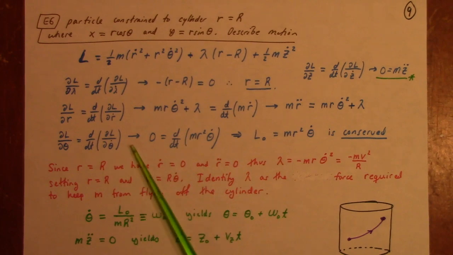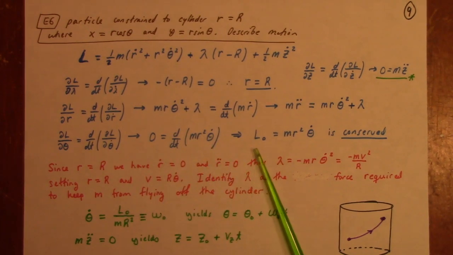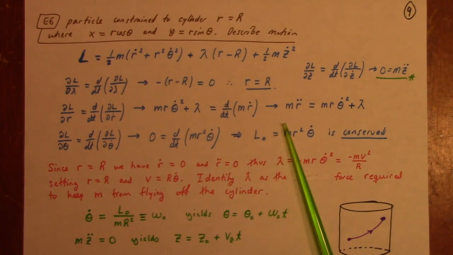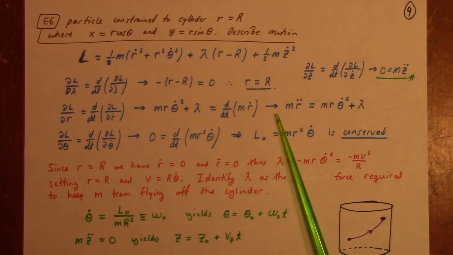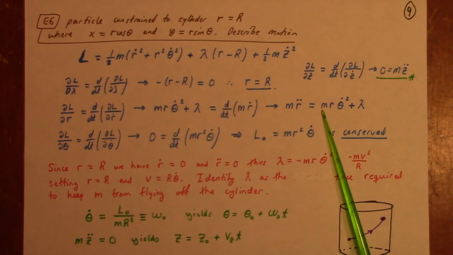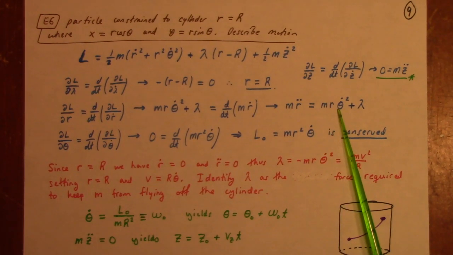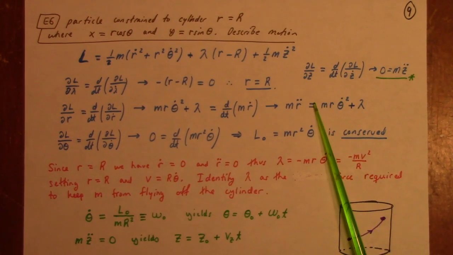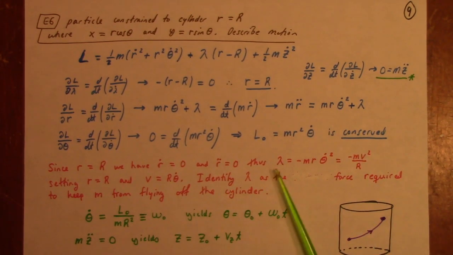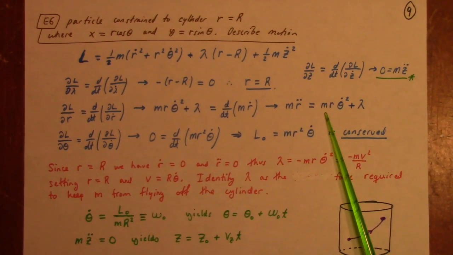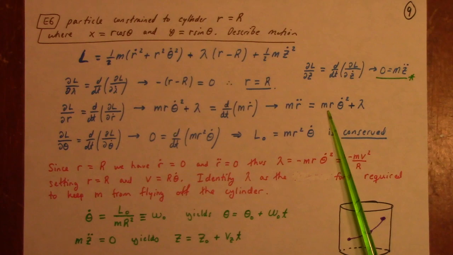Now theta gives you the conservation of angular momentum, m r squared theta dot is conserved. And the radial equation, if you rewrite it, gives you m r double dot equals m r theta dot squared plus lambda. So this, as I'm explaining down here, is really just the centrifugal force.